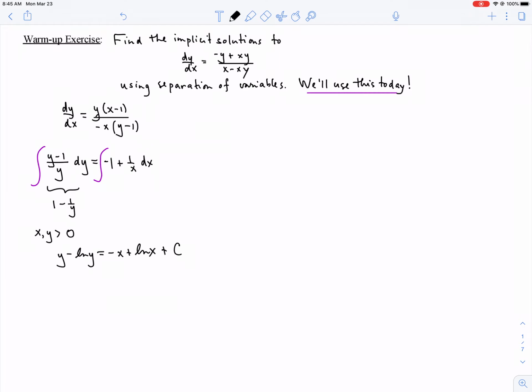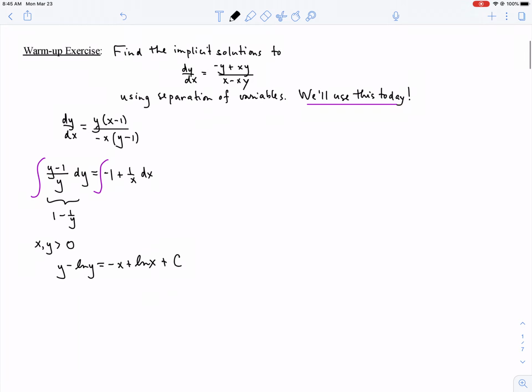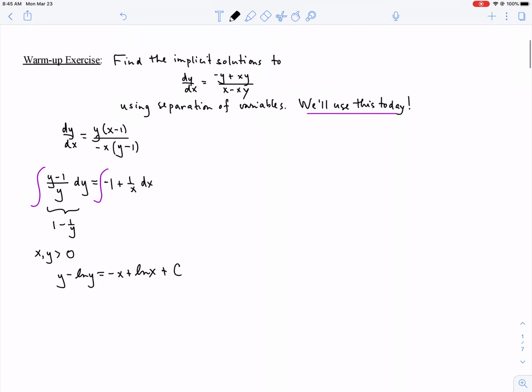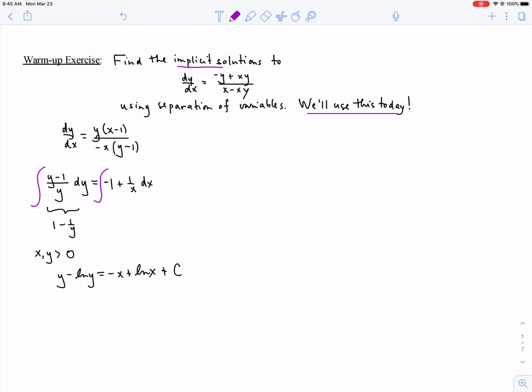Previously, we would then probably try to find an explicit formula for this implicit relation between x and y. I don't think you could do that in this problem, but we were only asked to find the implicit solutions anyway, and we did.